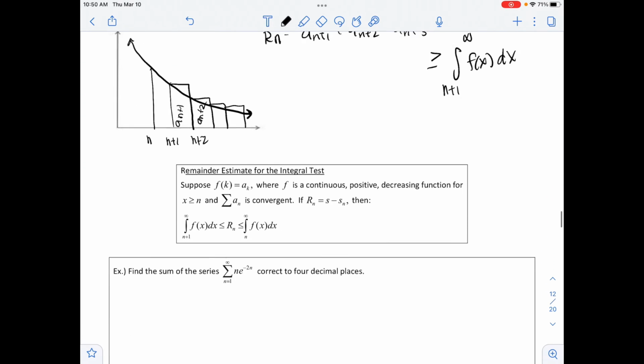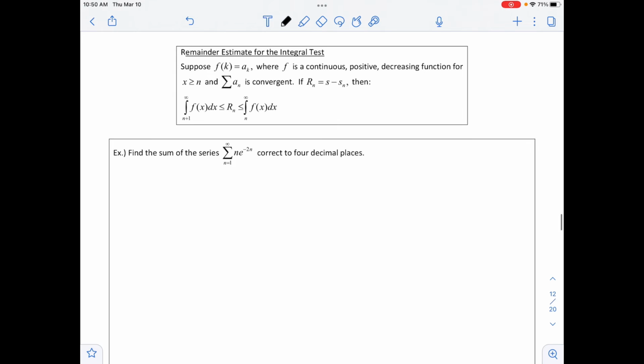So, as stated below, the remainder estimate for the integral test is to suppose that f of k equals a sub k, where f is again continuous, positive, and decreasing, which is how we sketched it up above, for x greater than or equal to n, and the sum of a sub n is convergent.